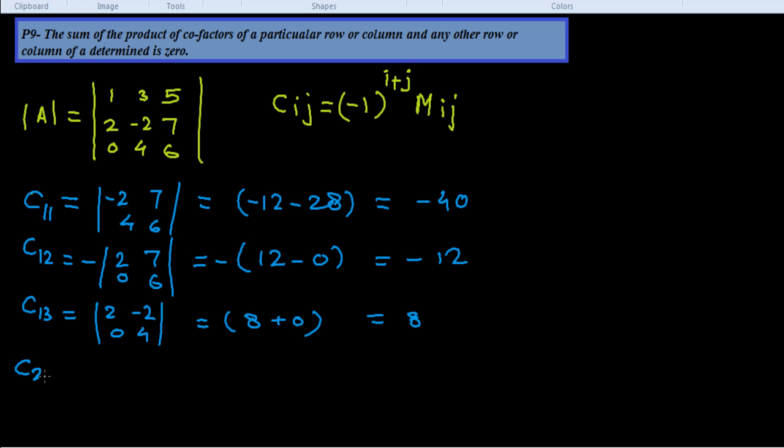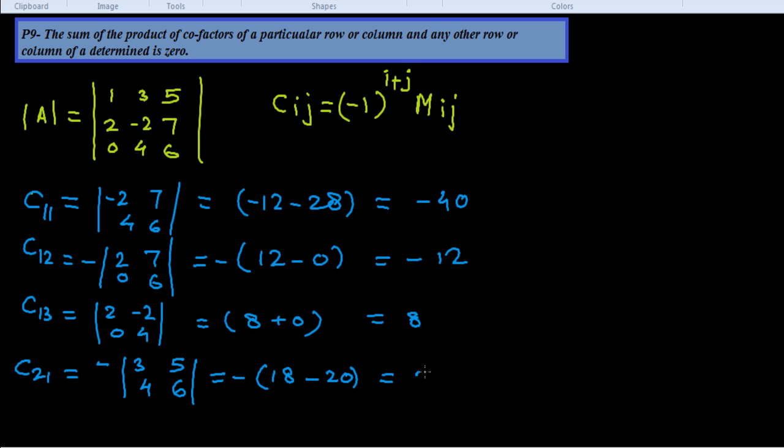This C21, it is negative again because the sum is odd. So you get here C21, 3, 5, 4, 6. In C21 we get a negative sign here, and 3, 5, 4, 6 we get here negative of 6 times 3, 18, minus 4 times 5, 20.